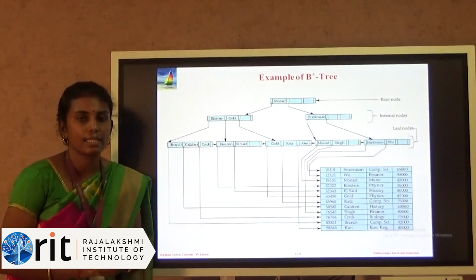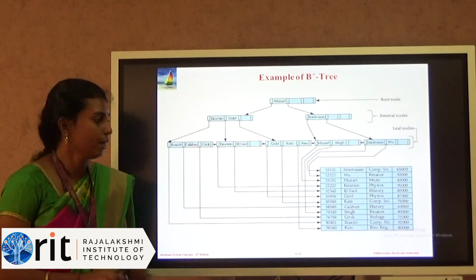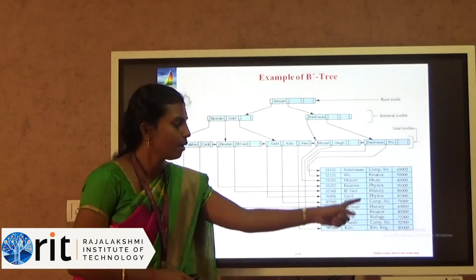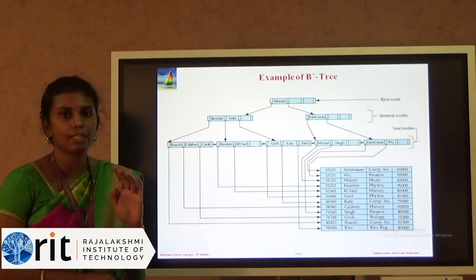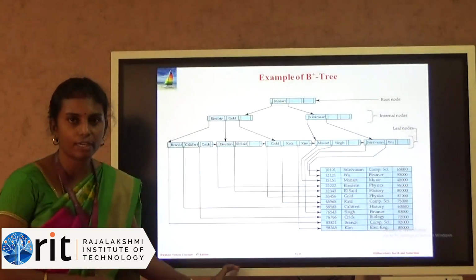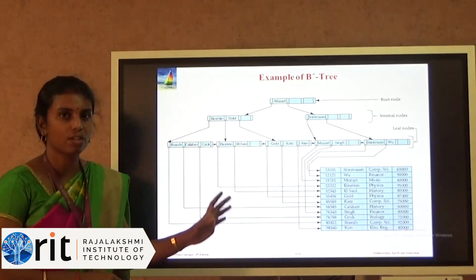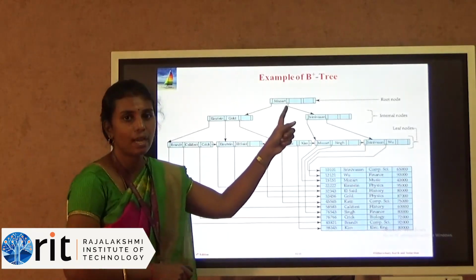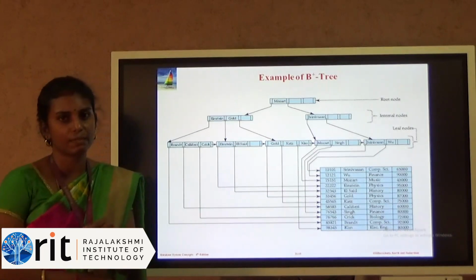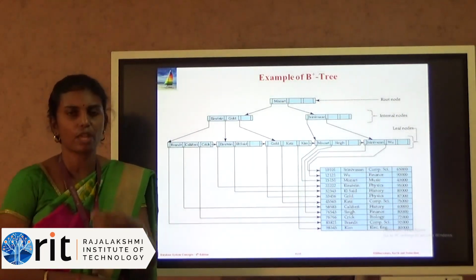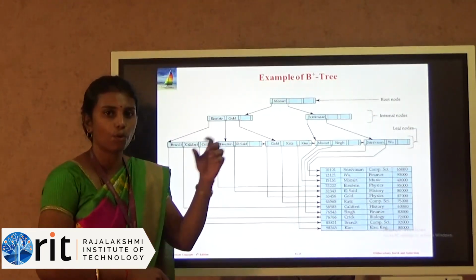Example: this is an example of a B plus tree index file, showing how I locate the instructor table using the concept of a B plus tree index file. This is the structure of a B plus tree index file. As usual, it starts with the root node, because a B plus tree index file follows the tree structure, and every tree structure has a root.